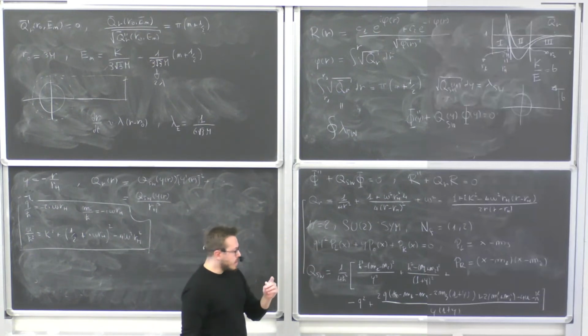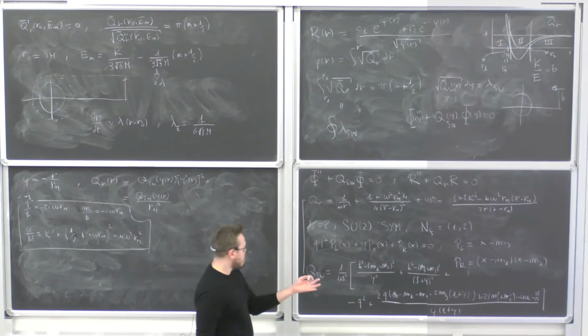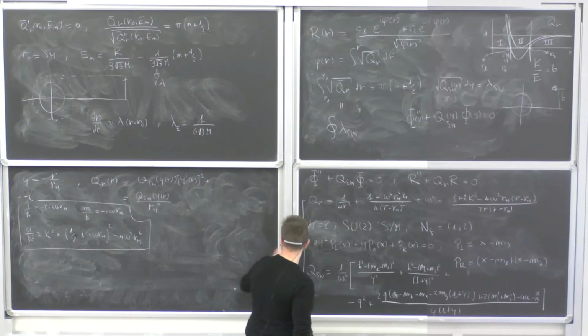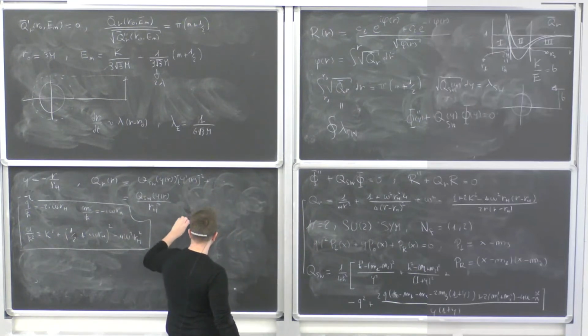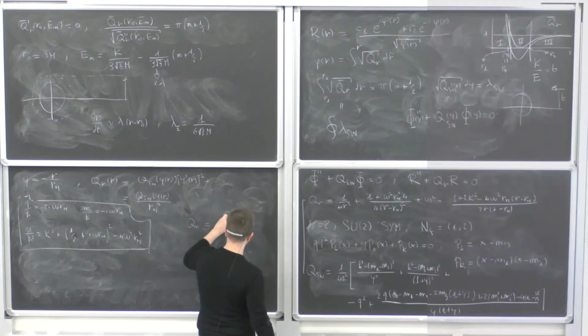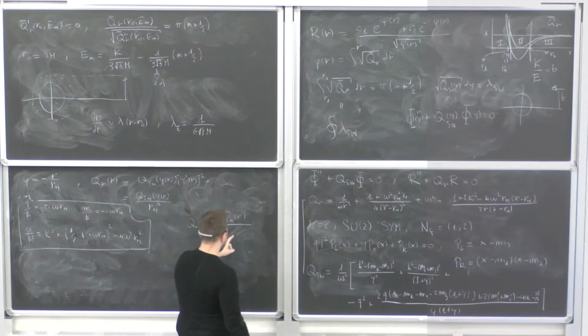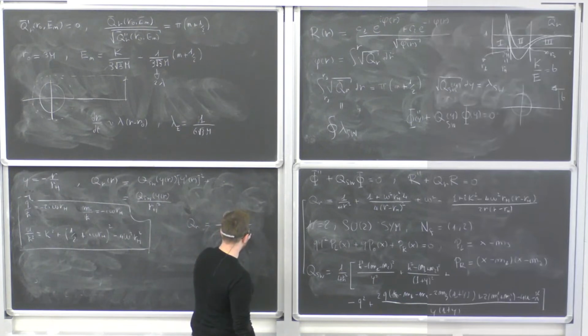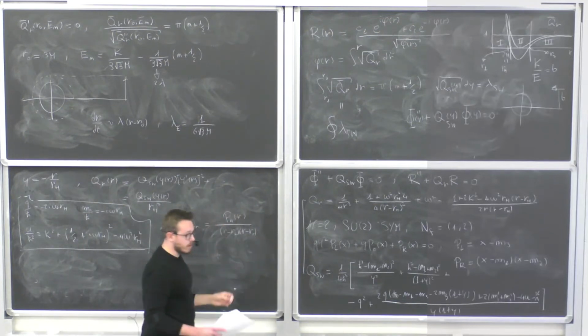For example, with Kerr black holes, the Q value will still have a fourth order polynomial in R in the numerator, but then here you will have R minus R plus times R minus, which are now the two horizons.